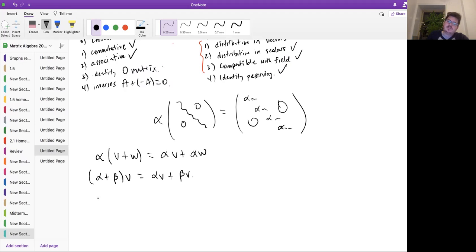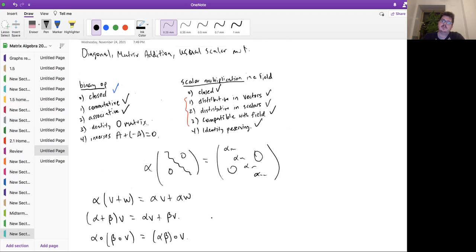And compatibility means that if I have two separate scalar multiplications, it's the same as doing the field multiplication and then the scalar multiplication.